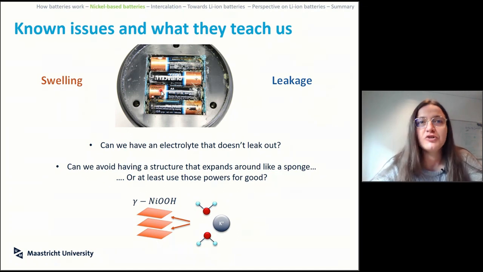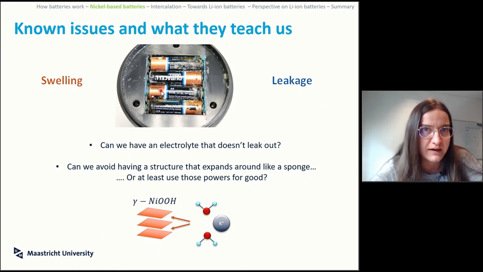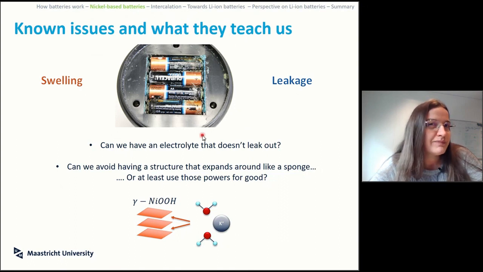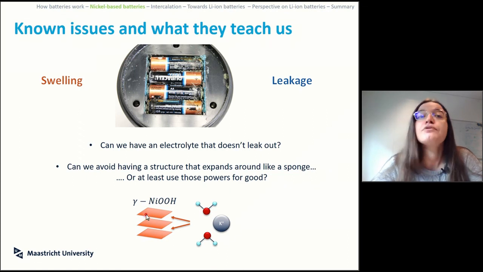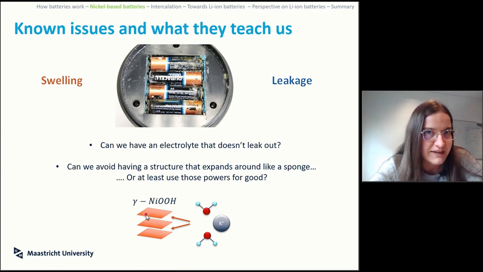The batteries will swell, and since this thing is vaguely liquid inside, because it has this liquid-like hydrated potassium hydroxide electrolyte, it will also leak. It's a mess. Everything smells vaguely basic. Not recommended. So water and potassium hydroxide pushing inside the structure is the main issue that you have with nickel batteries.